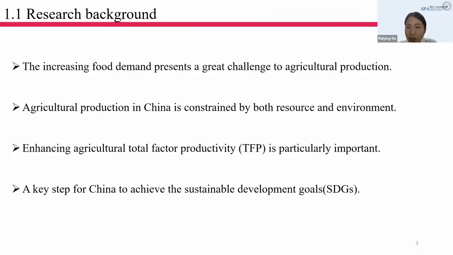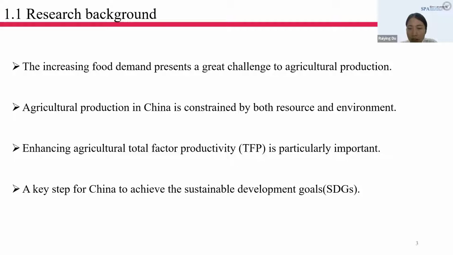As we all know, China is the most populous country in the world. The increasing food demand presents a great challenge to agricultural production. However, production in China is constrained by both resources and the environment. So, increasing agricultural total factor productivity is particularly important, as it is an efficient measure to ensure food security and reduce the negative impact of agricultural production on the environment.